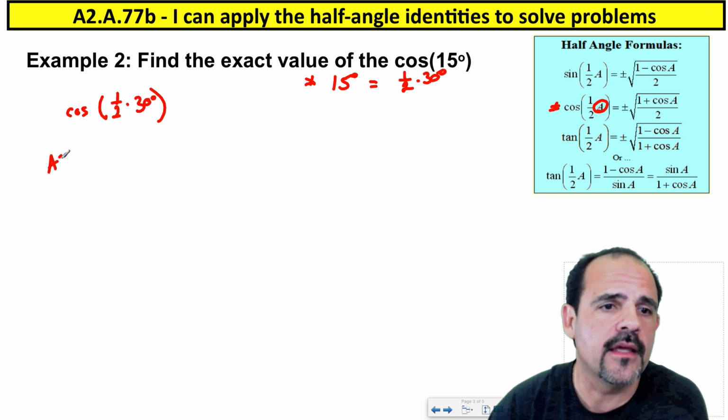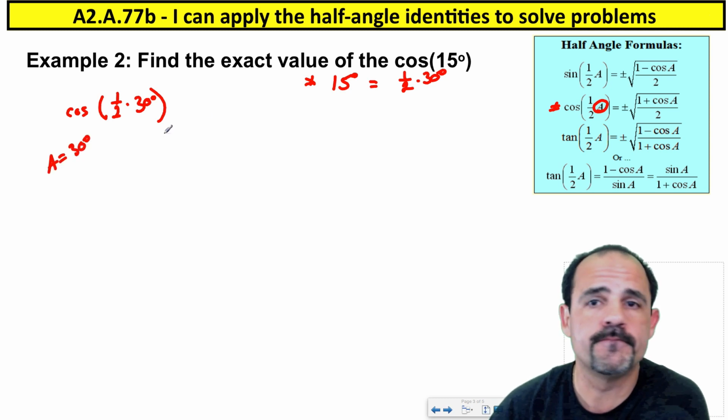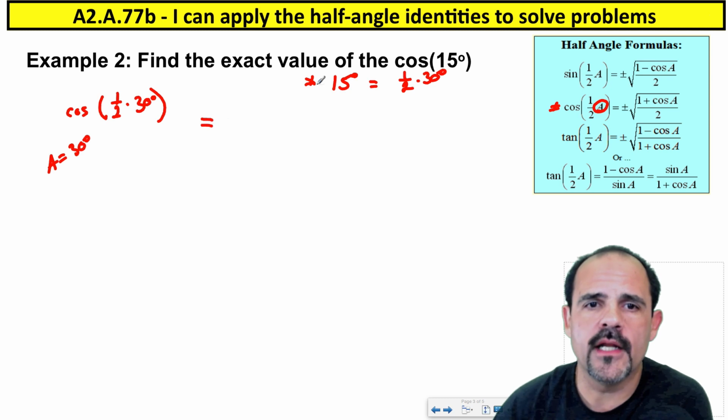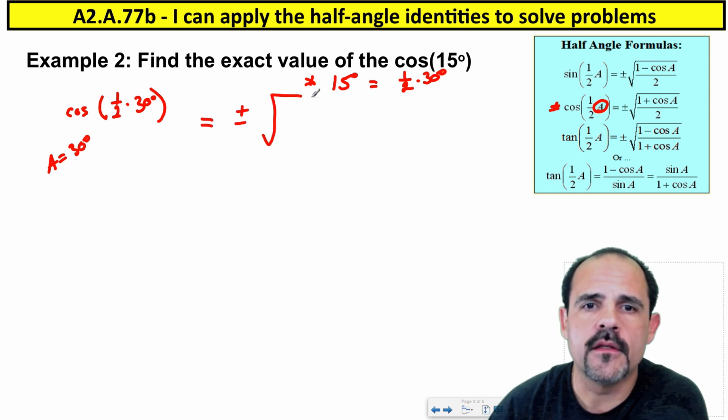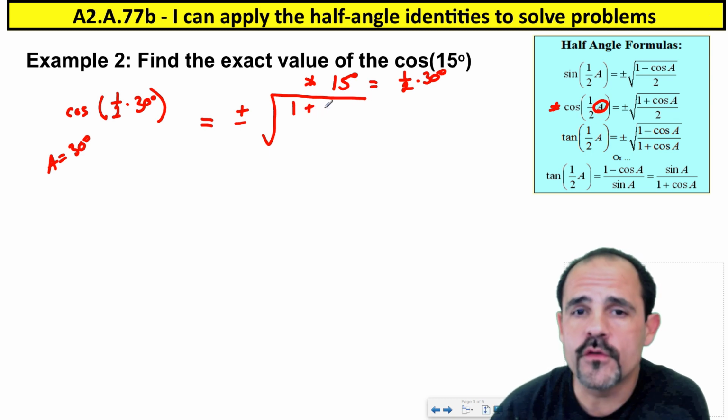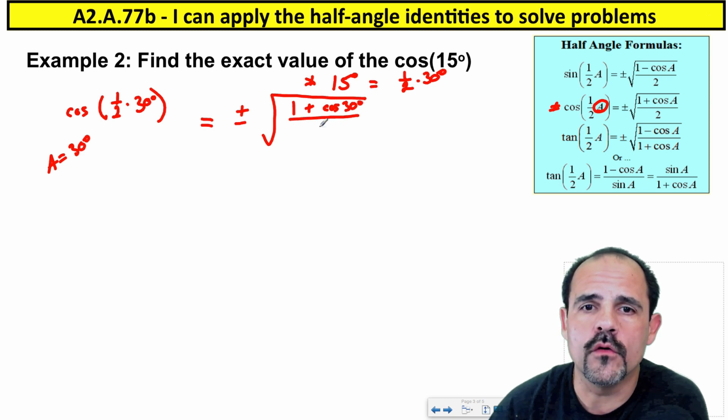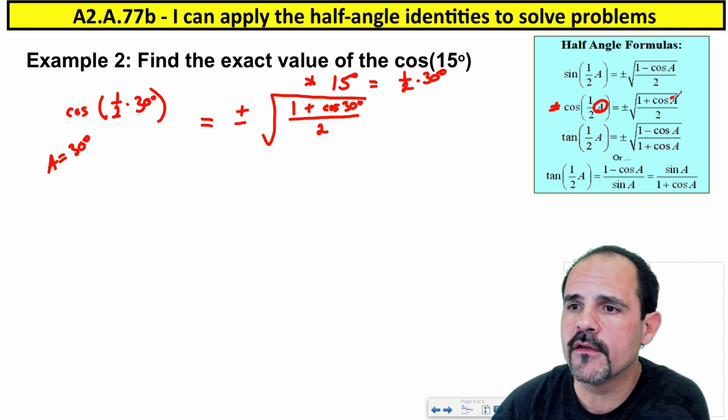And we know that A is 30 degrees. Okay? So now we can just plug it on in. We're going to have plus or minus the square root of 1 plus the cosine of 30 degrees all over 2. All I did was plug in 30 right there.